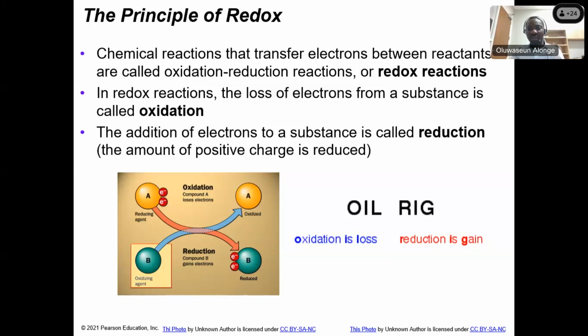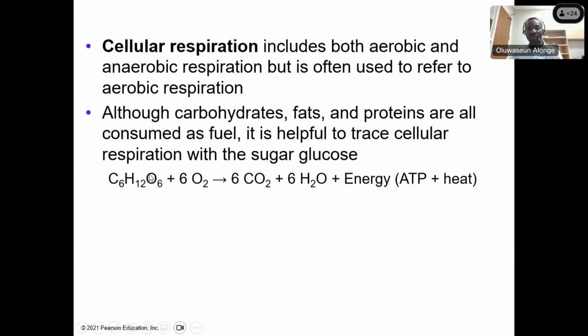So if you look at this equation, this substance here is what became carbon dioxide here. And this here is what became water here. So if you compare this glucose and the carbon dioxide, which of them has more oxygen? How many oxygen does glucose have here?